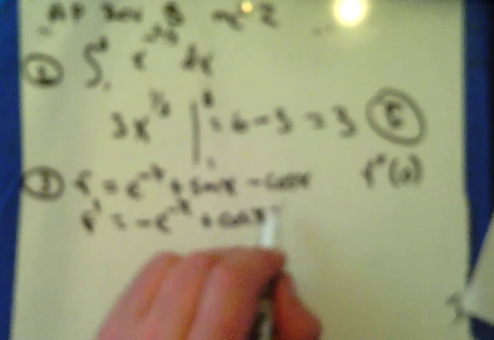For number 3, let's see what we've got. f equals e to the minus x plus sine x minus cosine x, and they want us to find f double prime at 0. So f prime would be negative e to the negative x plus cosine x, and the derivative of cosine is minus sine, that minus is plus sine.